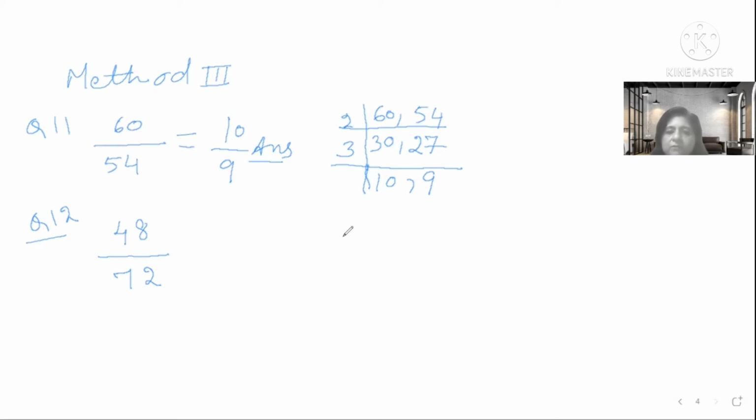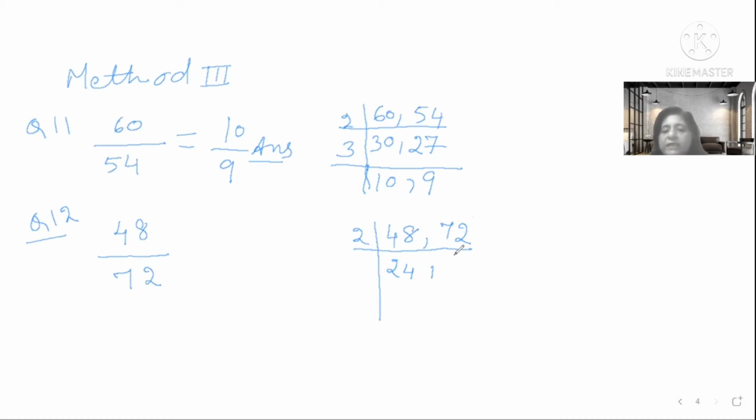48 upon 72. So we find out the answer. First we write the number in the numerator and then we write the number in the denominator.